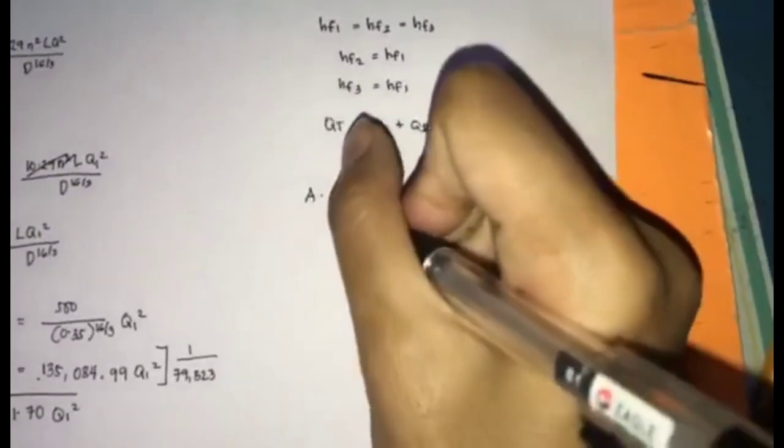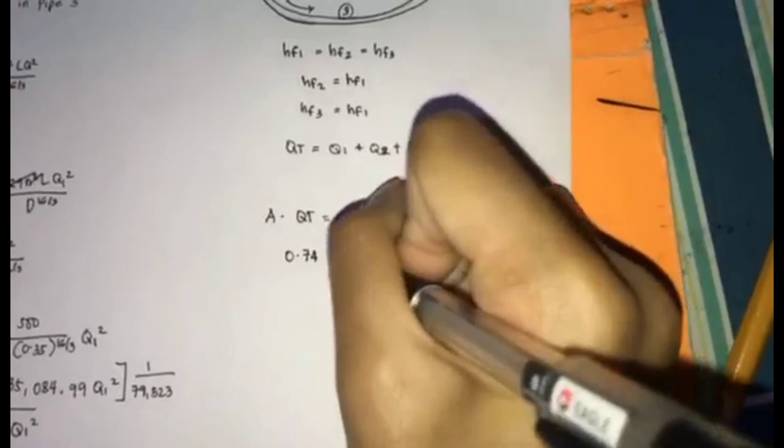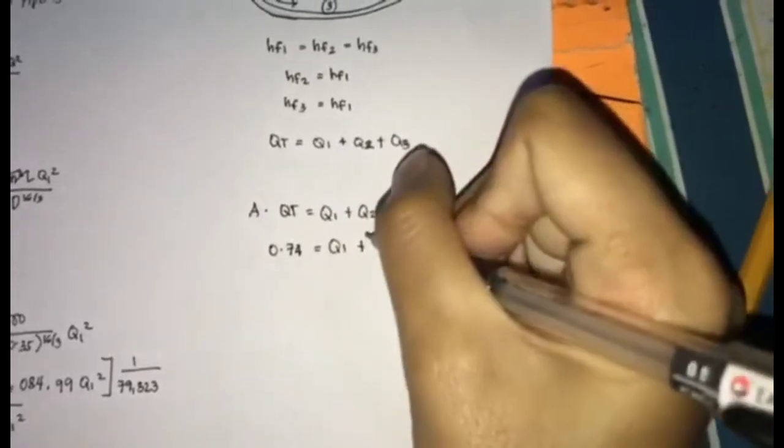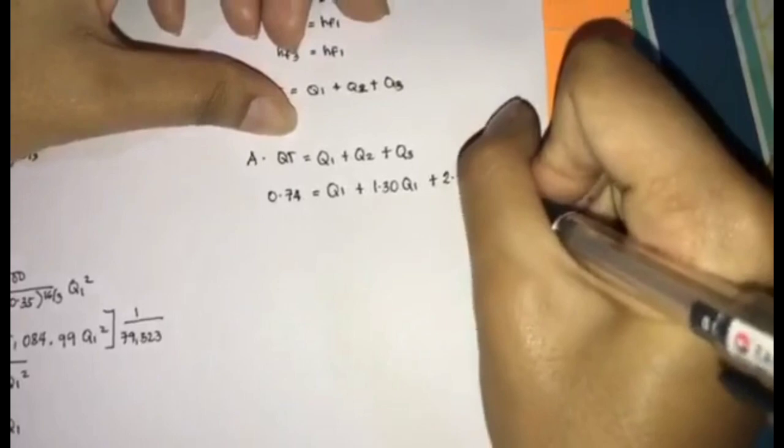So we have a discharge of 0.74 is equals to the unknown Q1 plus Q2, which is 1.30 Q1, plus the Q3, 2.82 Q1. So shift solve, we get the value of Q1, which is 0.144 cubic meters per second.